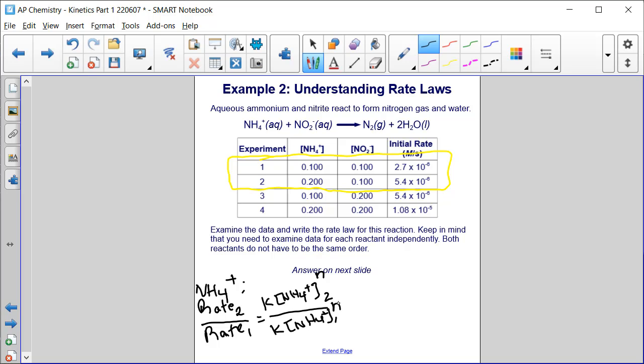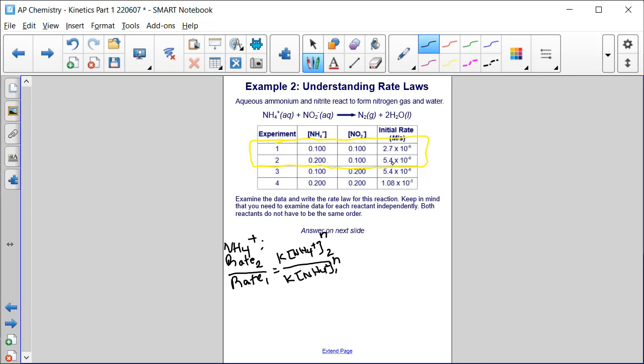Okay? So now we can substitute some values. So the rate for the second reaction is 5.4 times 10 to the minus 6 over 2.7 times 10 to the minus 6 equals K times 0.200 to the N power over K times 0.100 to the N power.